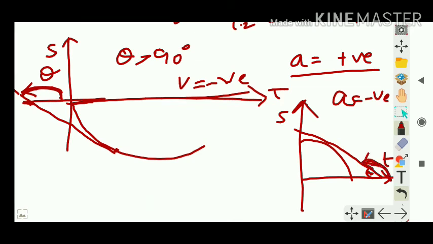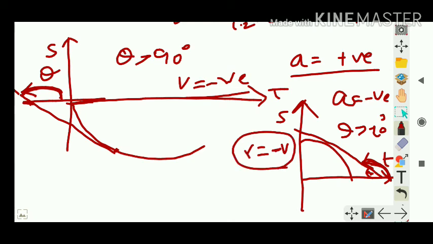So this angle theta is greater than 90 degree, so again velocity is negative. Clear? So this is how you can take each and every scenario and understand whether acceleration is positive or negative, or if the velocity is increasing, decreasing, etc. We will do a little bit more problems.